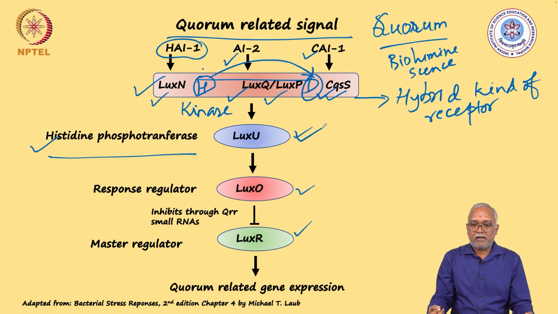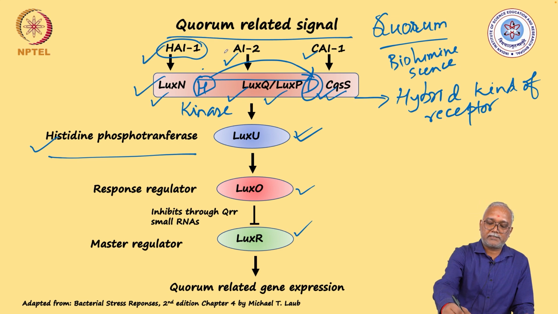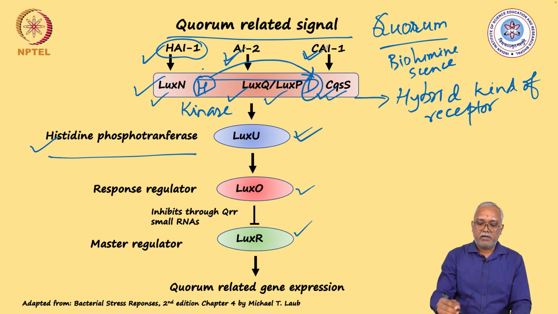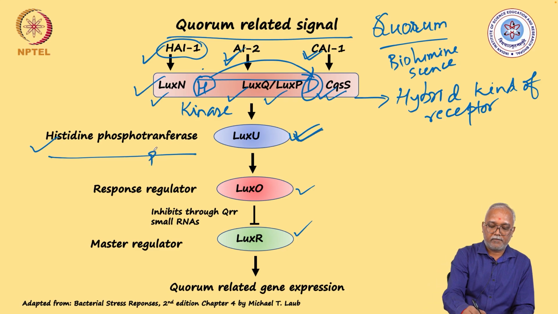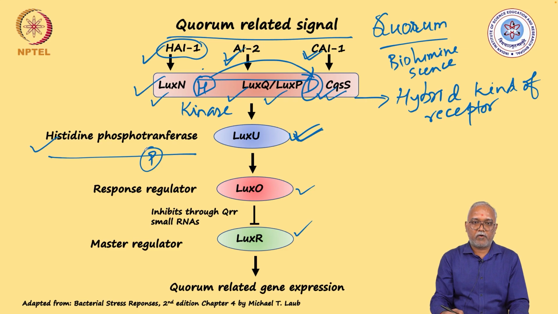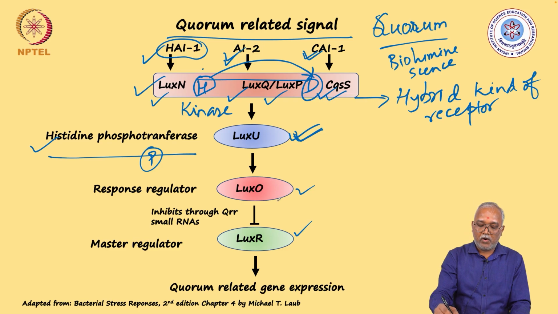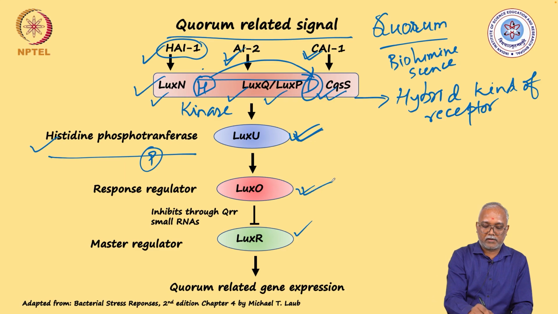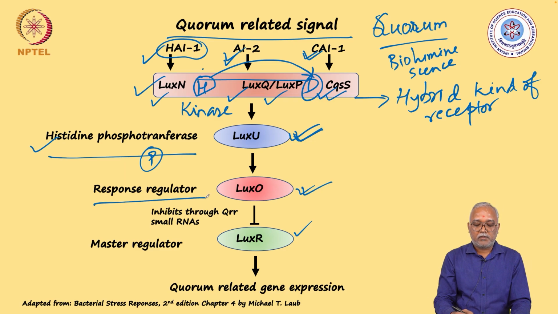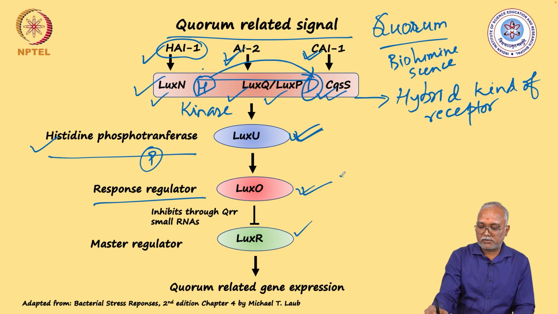When there is a small number of bacteria and the autoinducers are low in concentration, these receptors engage in sensing the levels of bacteria and activate the pathway where Lux U receives the phosphate residue, which means that signaling is moving forward. This Lux U now activates Lux O, which is our response regulator. This response regulator in general is an inhibitory kind of response regulator.